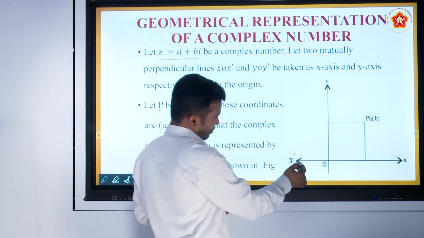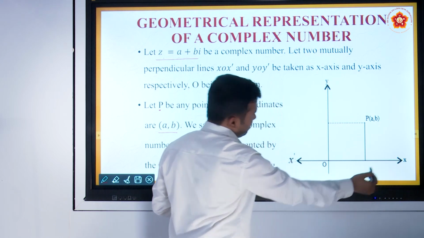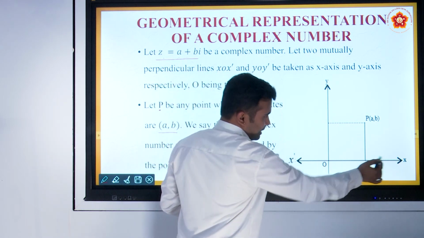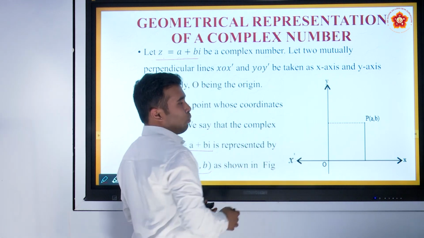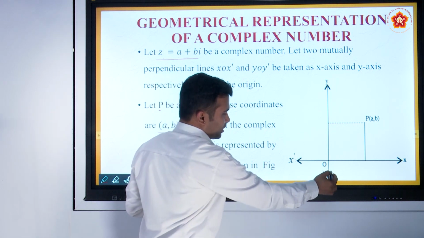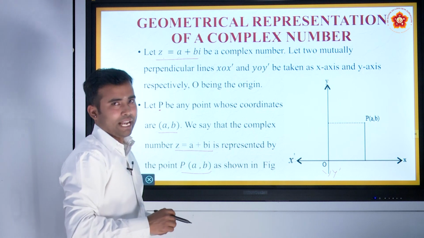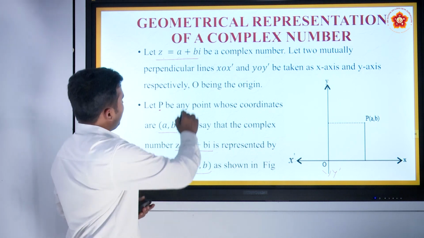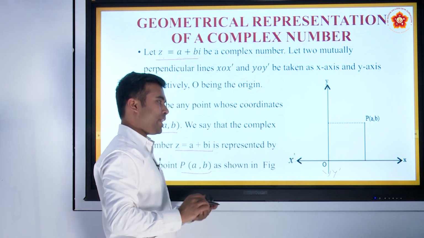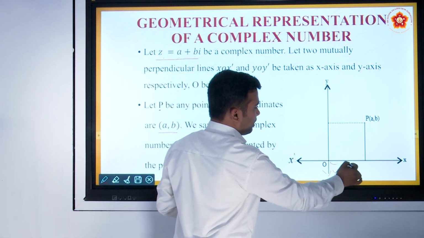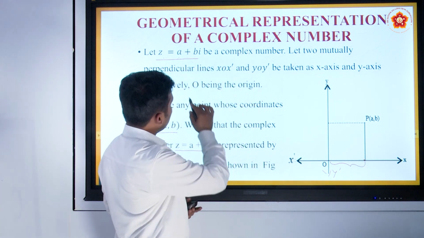As you know, we can call this axis the real axis, or the x-axis, and this we call the y-axis, or the imaginary axis. Here I told that a is the real part of z. Real means we should represent that on the real line, so that is a.